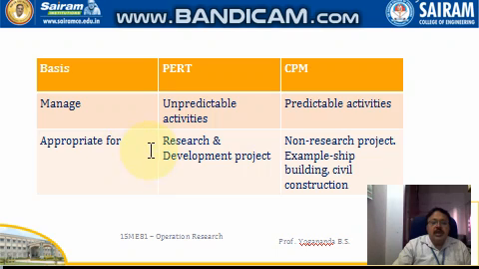Appropriate for: PERT is appropriate, as we discussed, because we have many trial and error methods in research and development projects, with many unpredictable things, and here we cannot assume things well in advance. CPM is appropriate for non-research projects, especially shipbuilding and construction work.